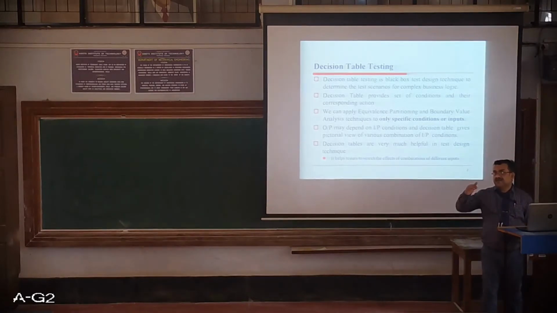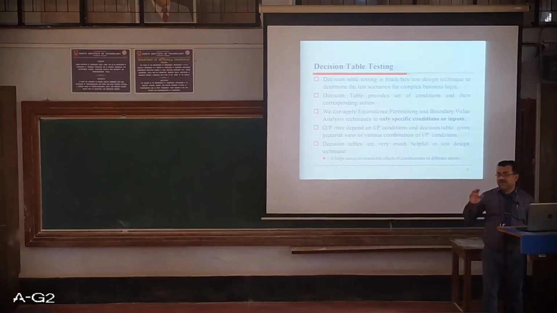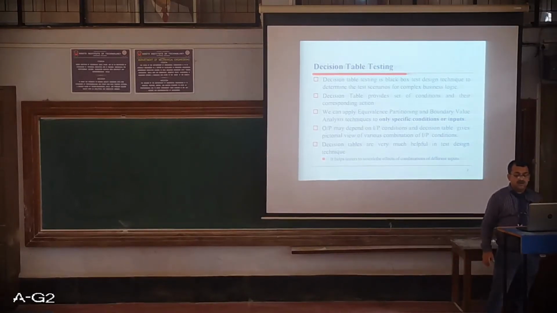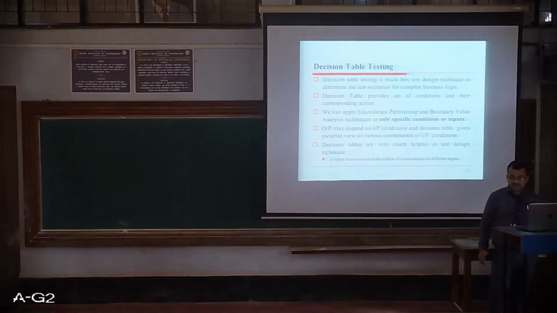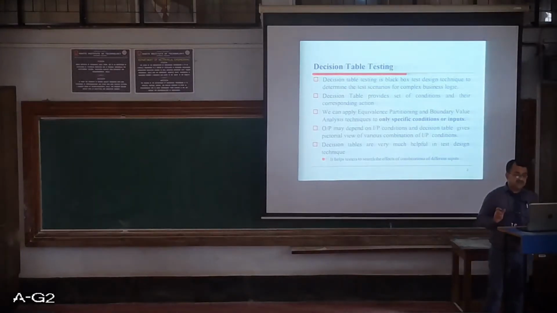Given some input conditions, we get the output. So we get a pictorial view with the decision table of which input condition gives which output. Because of this property, the decision table is very helpful in designing test cases, because it helps the testers determine the outputs for different combinations of input.